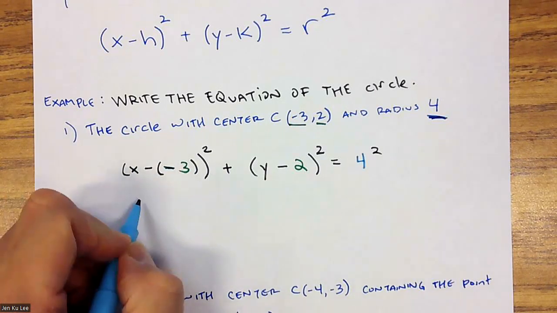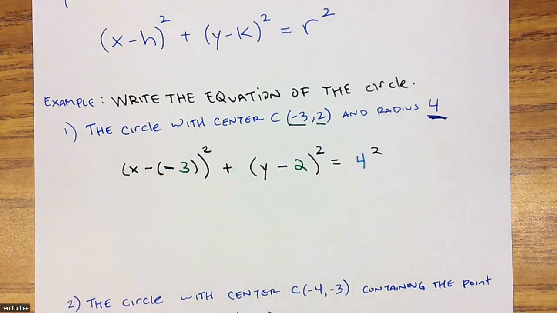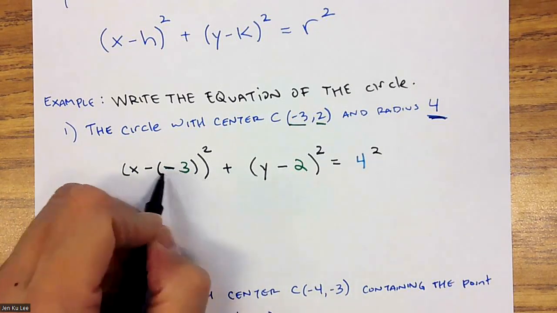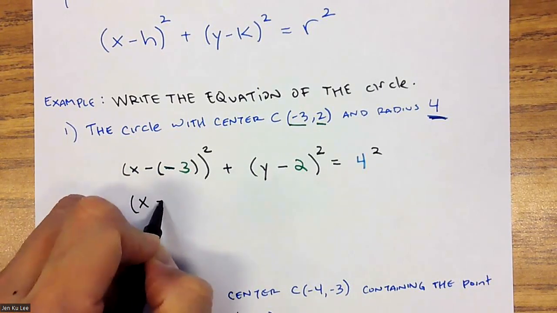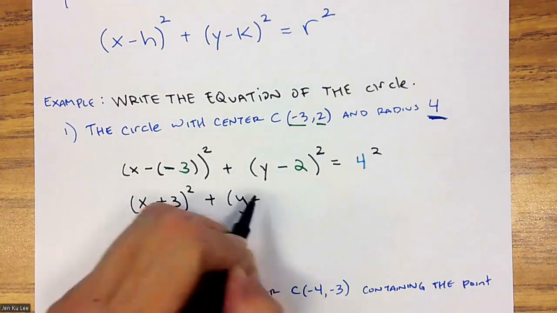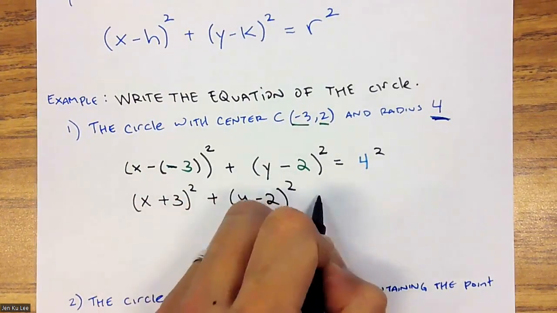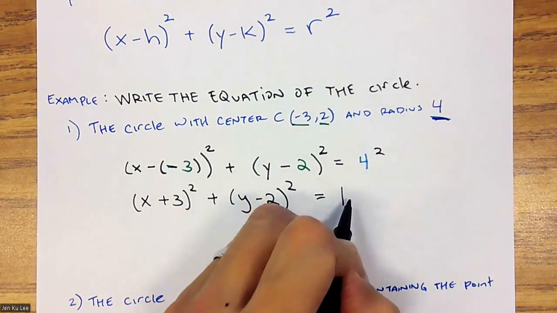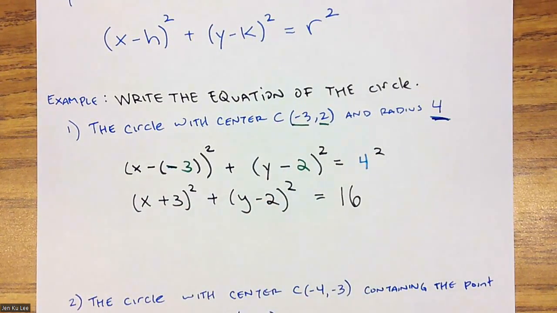Okay. So this will just be x plus 3 because 2 negatives make a positive. Quantity squared plus y minus 2 quantity squared equals 4 squared, which is 16.